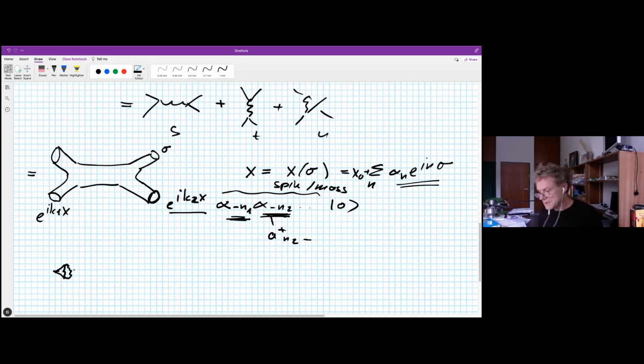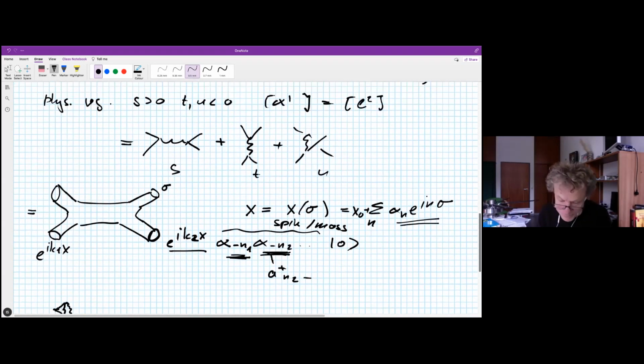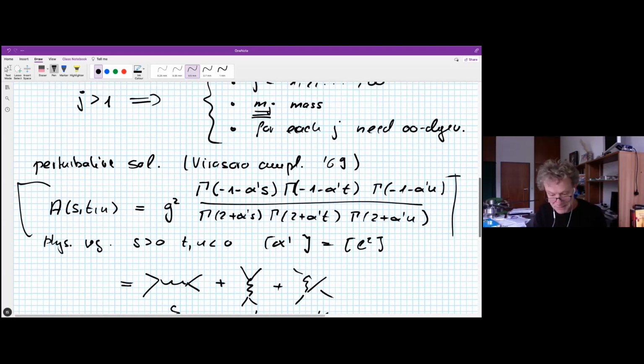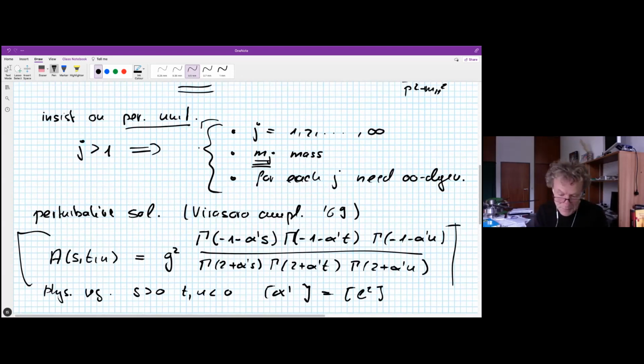So the string is some sort of excitation of a point particle into a string. But that is just the way it was found: simply a way to factorize this amplitude, which was found previously without talking about the string. It's just an amplitude which has this property, which we needed.